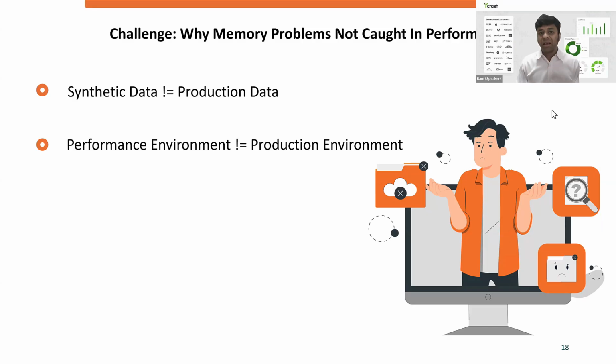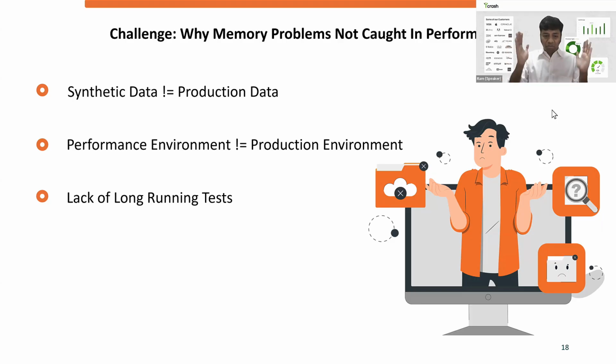The next reason is that our performance environment is not the same as the production environment. Infrastructure-wise, the number of CPU cores, the RAM size, even sometimes the kernel settings and kernel patches are not identical. That's another reason. The third reason is that a lot of times a memory problem surfaces only when your application runs for a long period.